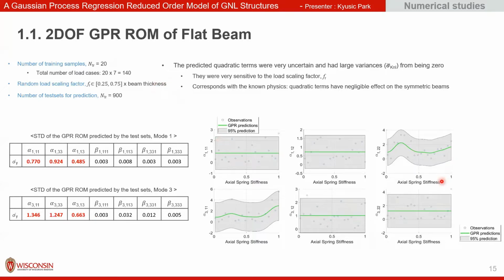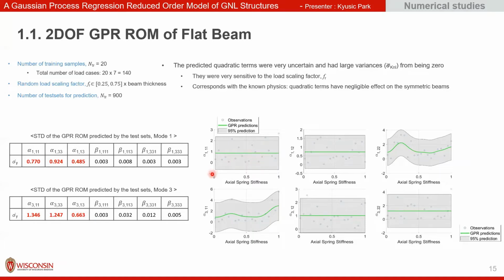So these figures here show the predictive mean and the 95% confidence interval of the GP model of each nonlinear coefficient. It turned out that all the quadratic coefficients are very uncertain and have large variances centered around zero.